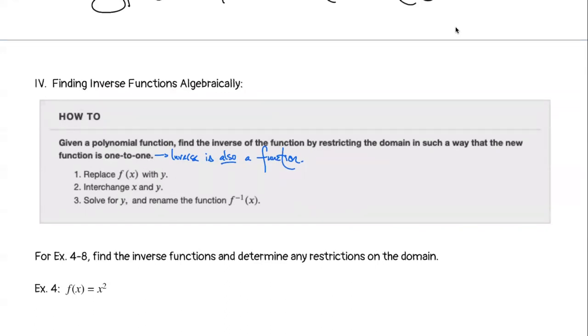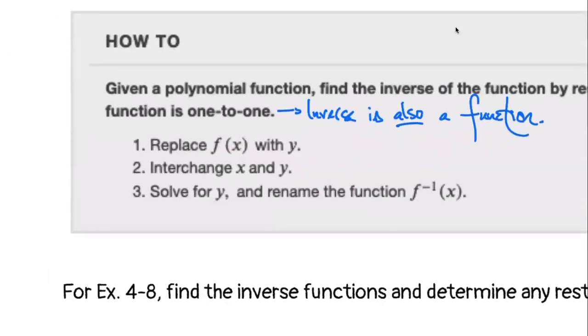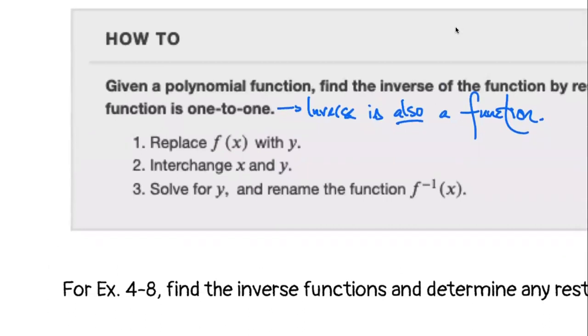And to do this, we have 3 steps with a little bit of a hidden step here, okay? So what are our steps? First thing we're gonna do, we're gonna replace f of x with y. Second thing we're gonna do, we're gonna interchange, or swap, our x and y. And the third thing we're going to do is we're going to solve for y.